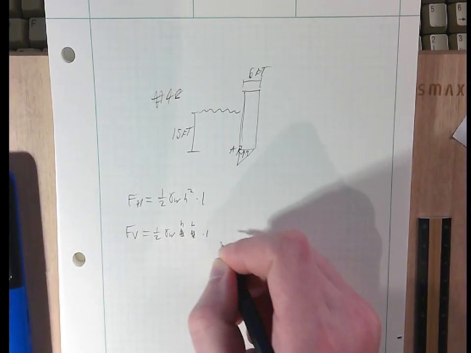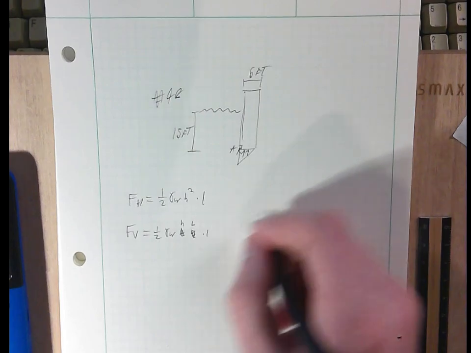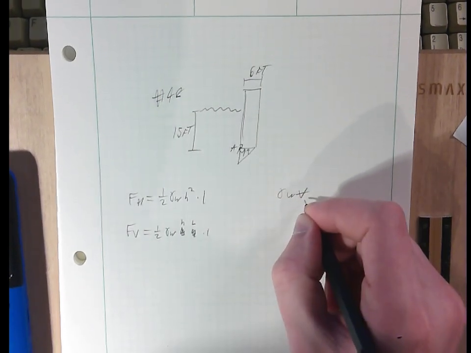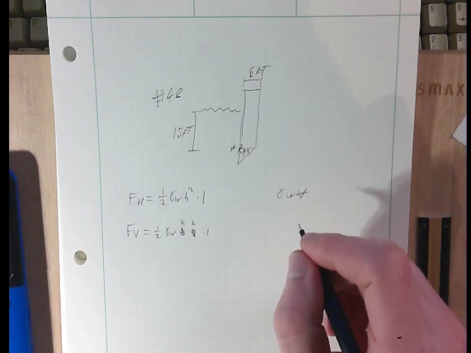I'm going to say length times 1. Pretty much it's the gamma V that we learned here.